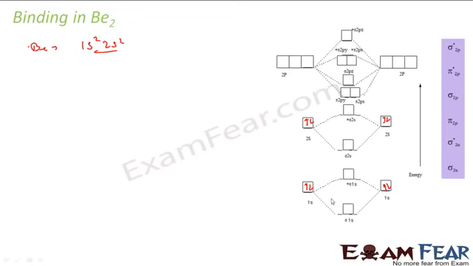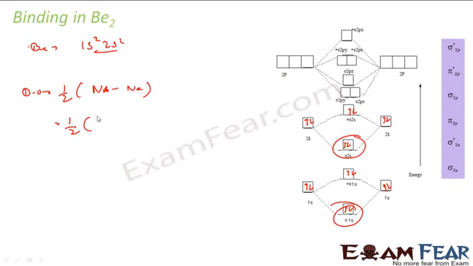Let's fill it. 4 electrons, all filled. Let's find the bond order. 1 by 2, number in bonding minus number in antibonding. How many electrons in bonding? 2 plus 2, 4, right? These 4. Antibonding, the remaining one, 2 plus 2, 4. This also gives 0, that means it doesn't exist. Pretty easy.